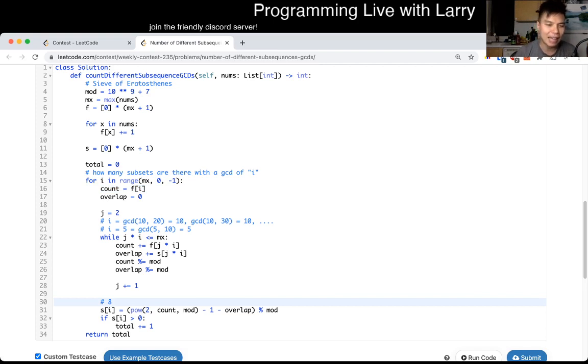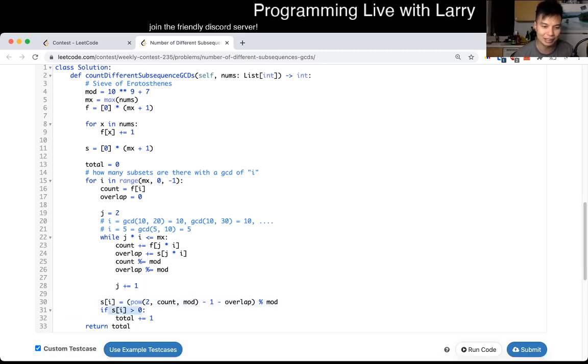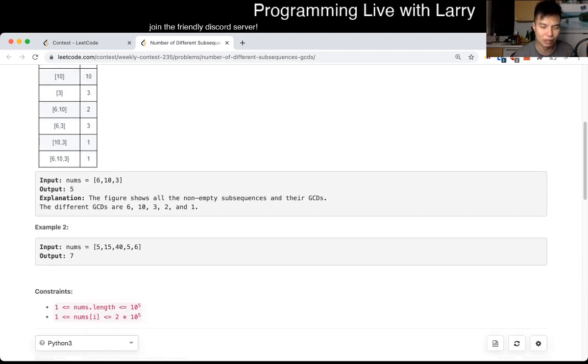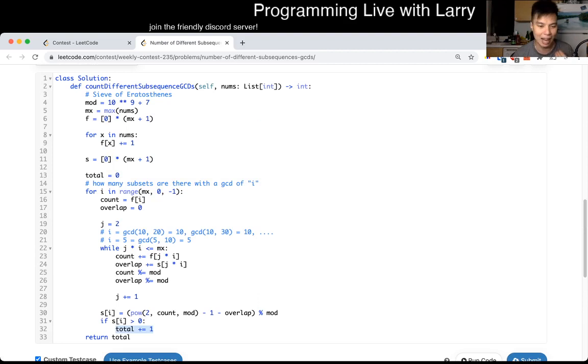But yeah, if you have 8 numbers that contribute to this process, then there's going to be 2 to the 8 minus 1 subsets, because every number could be in the subset or not in the subset, and then you minus 1 for subtracting out the case where there are no numbers, because that doesn't make any sense. So basically you get this and then you minus overlap. And if this number is greater than 0, we add to the total, because that means that there's a distinct i, which is what the question asks, and then you just return the total.